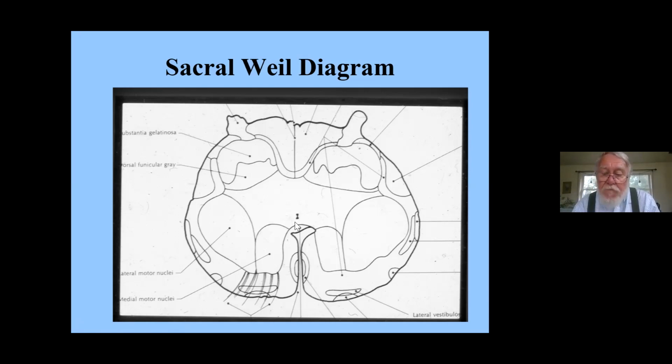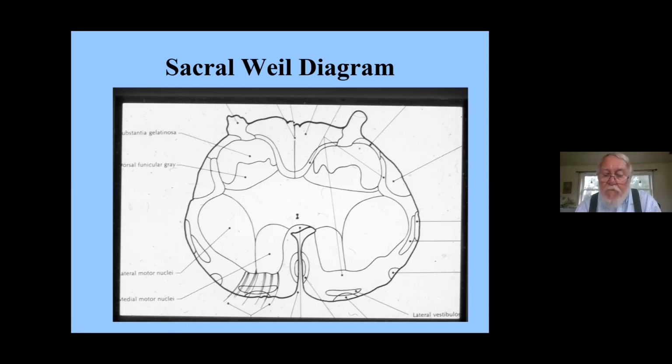It is carrying the fibers from lamina 2 and 5 on this side, crossing, so they form the lateral spinothalamic tract, and fibers from lamina 3 and 4, so they form the anterior spinothalamic tract. Those are the two tracts that cross the anterior white commissure at the spinal cord.